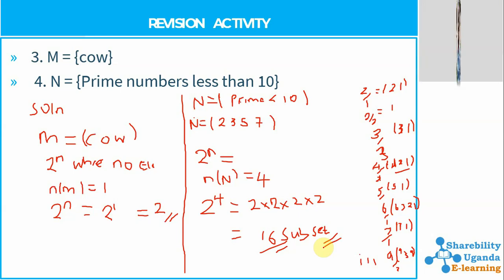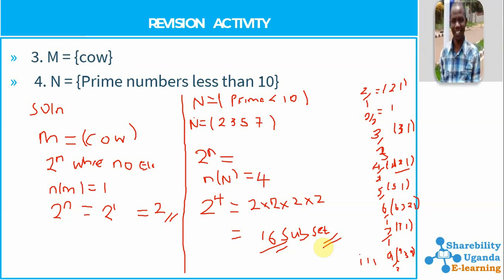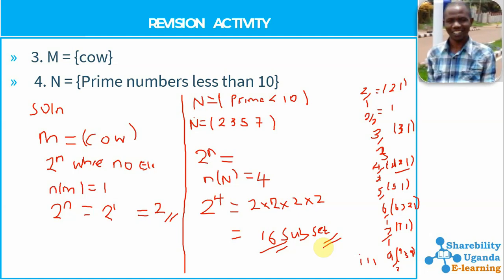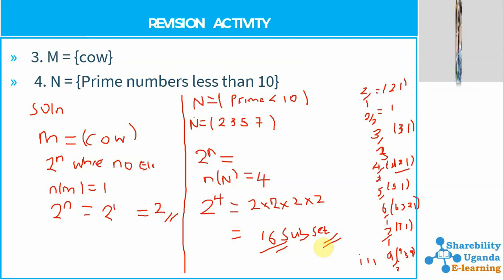They can either give you odd numbers, they can even give you, let me say, composite numbers, something of that kind. We should be able to find out and know if they talk about a composite number, what is it, what does it mean? If they talk about an even number, what does it mean? If they talk about integers, what do they really mean? Those are the tricks that they can ask when it comes to finding the number of subsets in a given set.